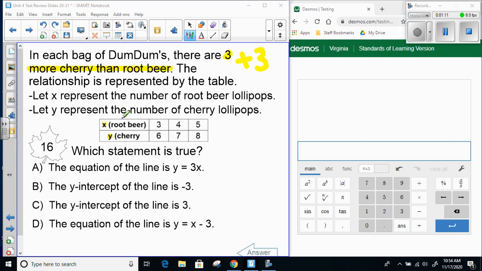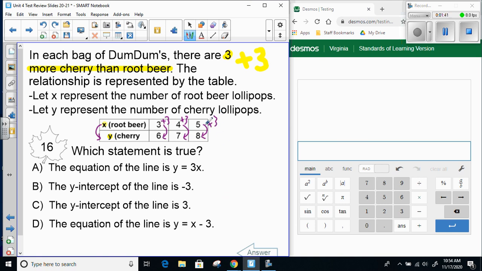So looking at my table, I want the connection between x and y. So notice x is written on top of y this time. The table's a little different. So 3 became 6, 4 became 7, and 5 became 8. Right away, I notice that pattern plus 3 works every time. 3 plus 3 is 6, 4 plus 3 is 7, and 5 plus 3 is 8.